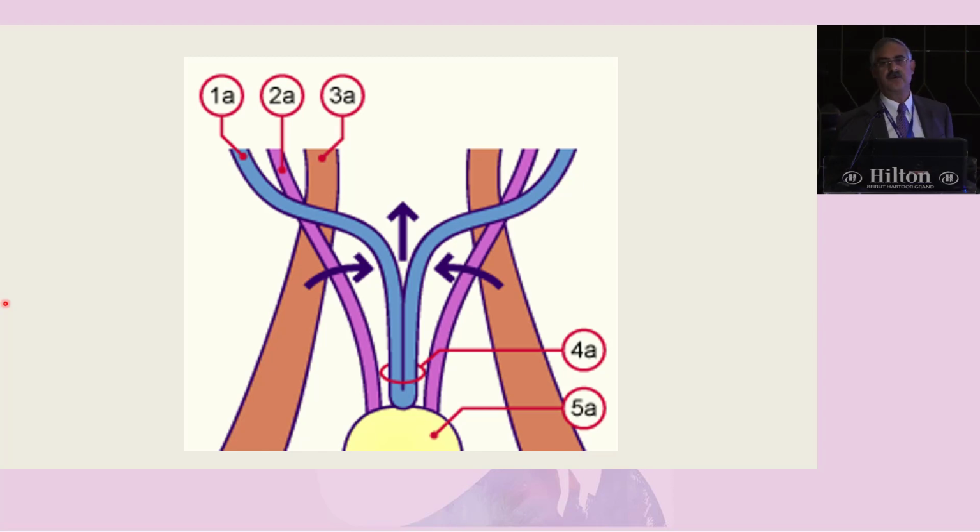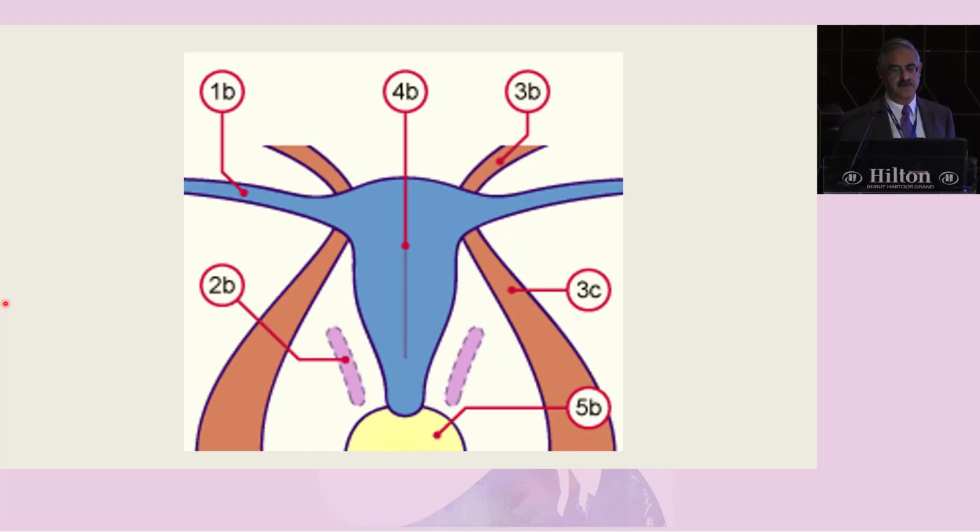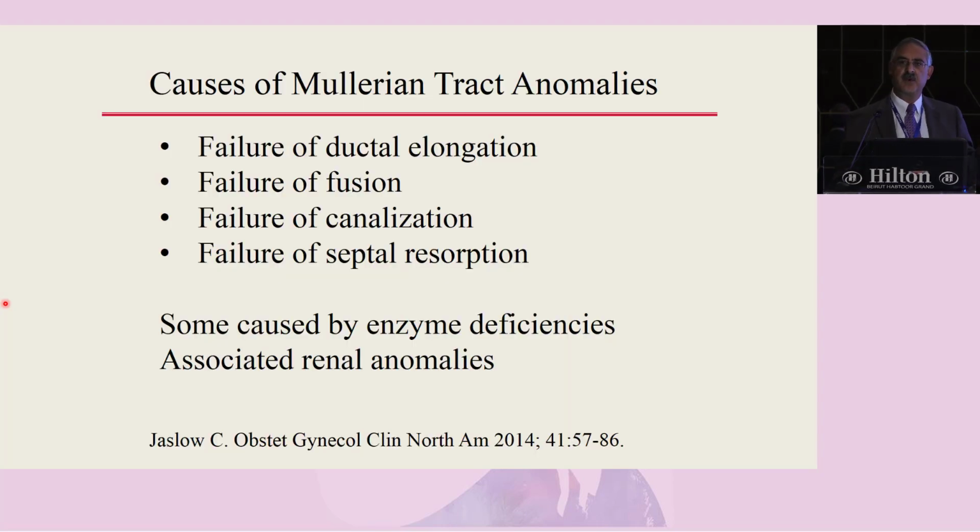And then the body of the uterus forms. So any problem that comes from this process that doesn't work, you're going to have one of the Mullerian tract abnormalities. If it doesn't elongate, if it doesn't fuse, if the septum doesn't resorb, then you're going to have a developmental abnormality.